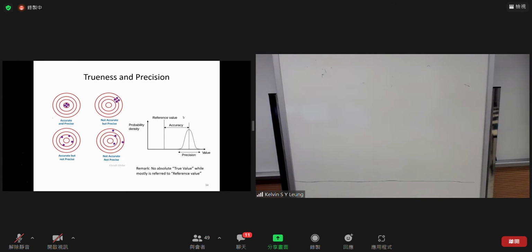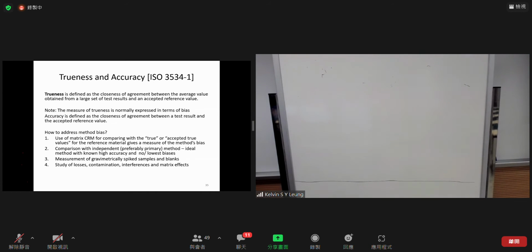So if all four points are about 99.9, then we can conclude that we have accurate and precise data, okay? So this is the idea of trueness and precision, okay?